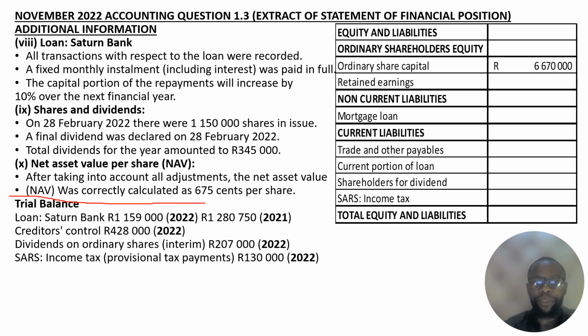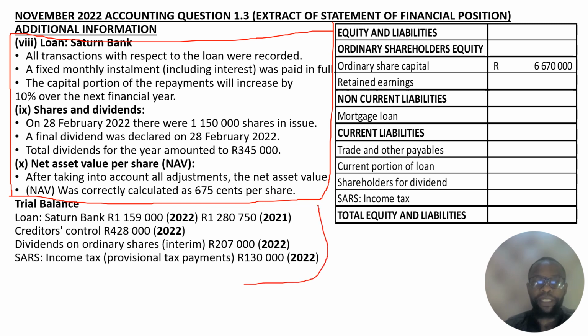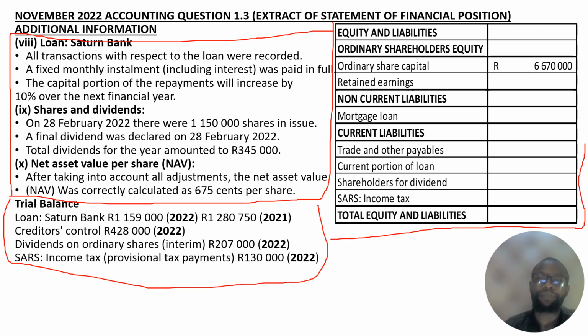This is the information from the additional information. And then this is the information from the trial balance. And then this is the information from your answer sheet.